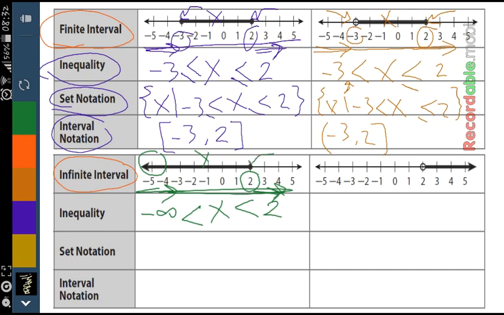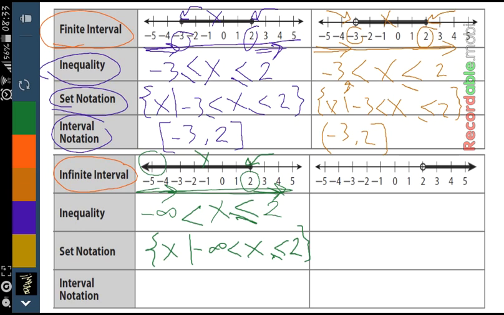The answer is yes, because this circle is shaded, so we have to put the sign of equality here. In set notation, all we have to do is to open the bracket, x such that x greater than negative infinity and less than or equal to 2, and don't forget to close the bracket again.